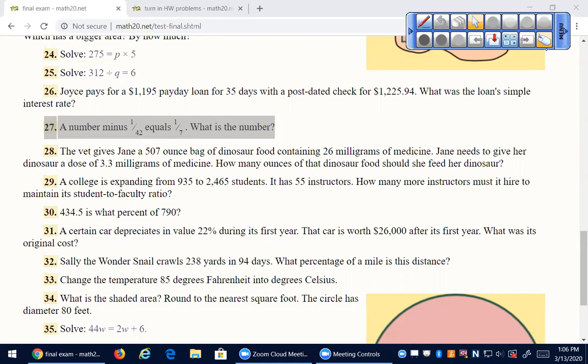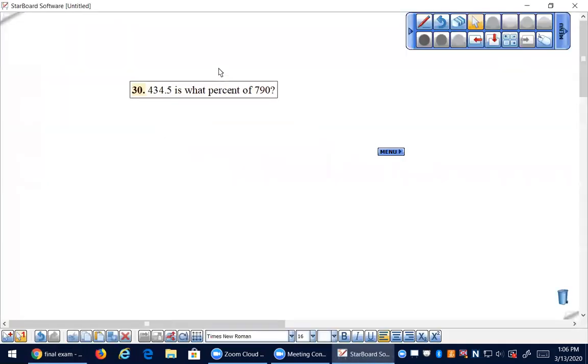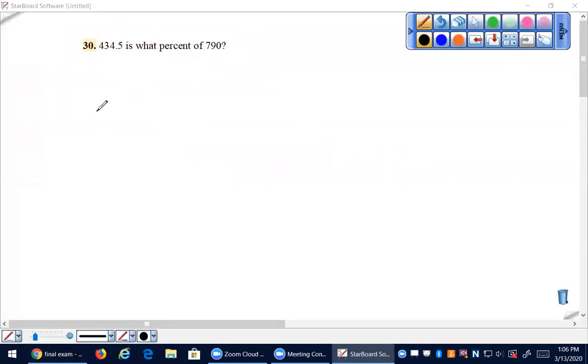Okay, for this one. How do we do this one? Which number? 30. Okay, 30. That's an easy one. Yeah, translate it.